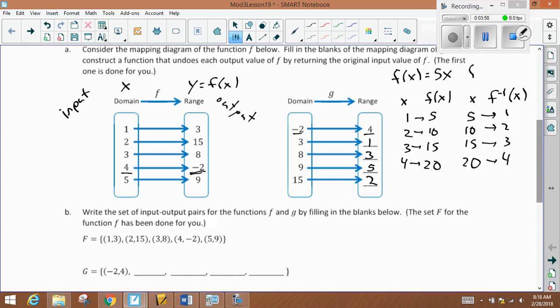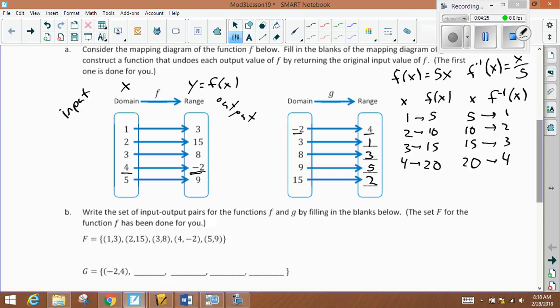So it turns out that my inverse is going to be equal to x over 5. We're dividing by 5. Or we could call it 1/5 x, right? Same thing. So the inverse of 5x, or the inverse of multiplying your variable by 5, is dividing it by 5.